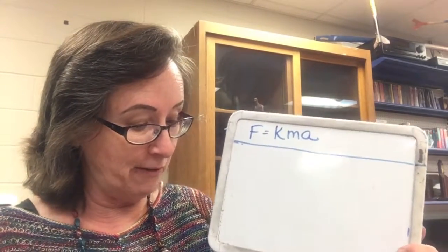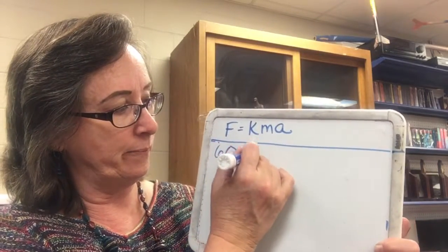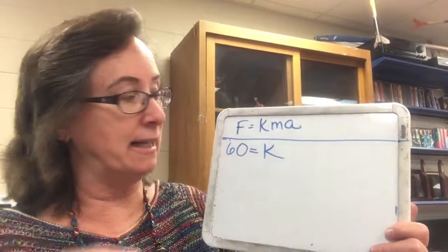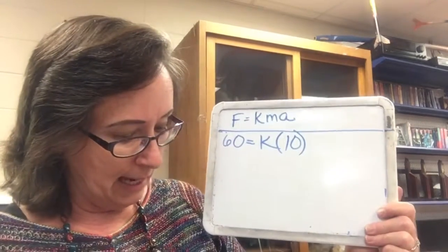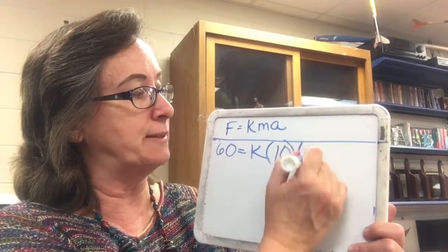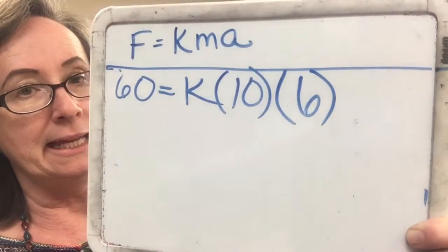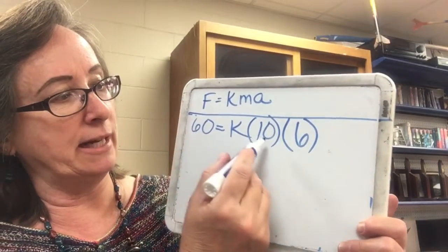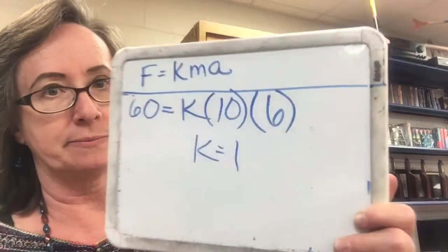So they say if a 60 Newton force, so the force is 60, is exerted on an object of mass 10 kilograms, and an acceleration of 6 meters per second squared, then can we solve for our k? So they have 60 over here and they have 60 over there, so k is 1.